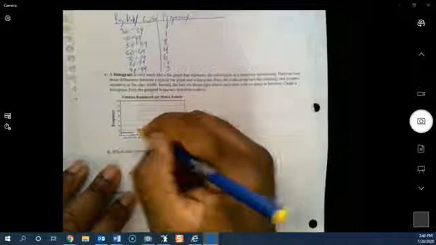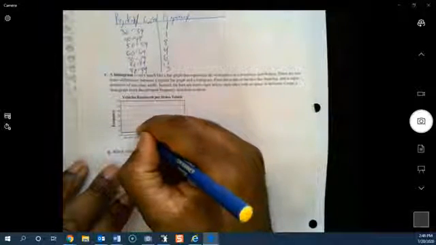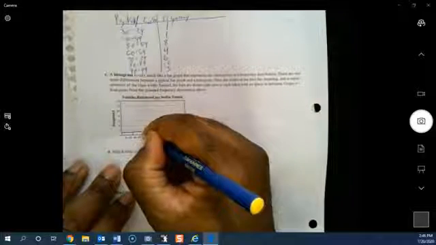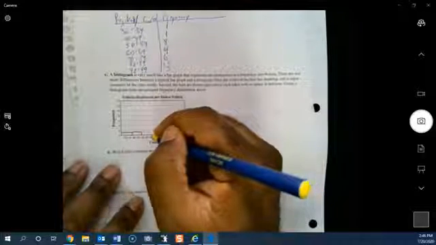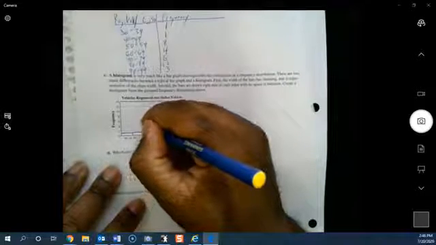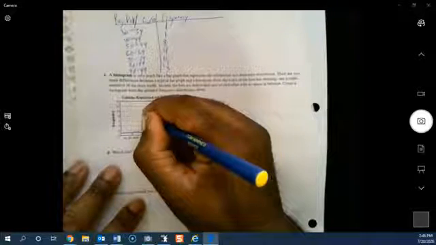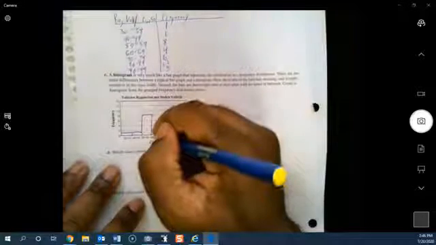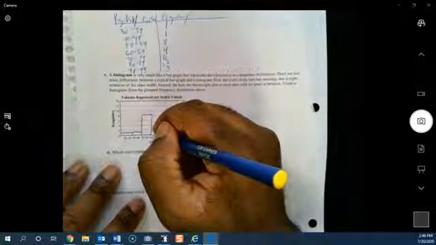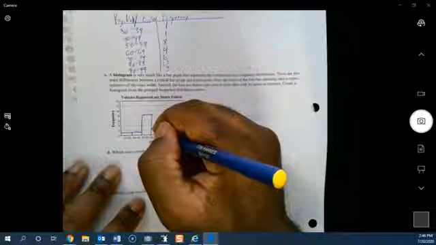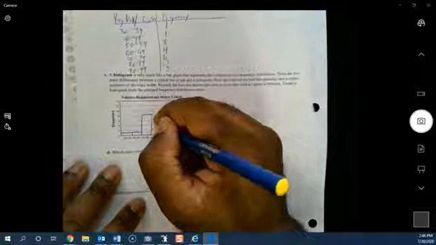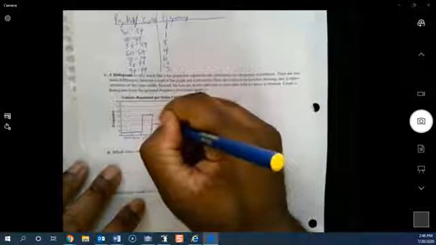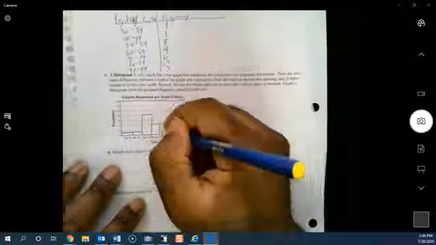That is 1. 40 to 49 is also 1. Now 50 to 59 is 8. So we'll go up to 8 and make sure we cover the 50 to 59. Now the 60 to 69 is actually 4. So we'll go up to 4, and that'll cover the 60 to 69.